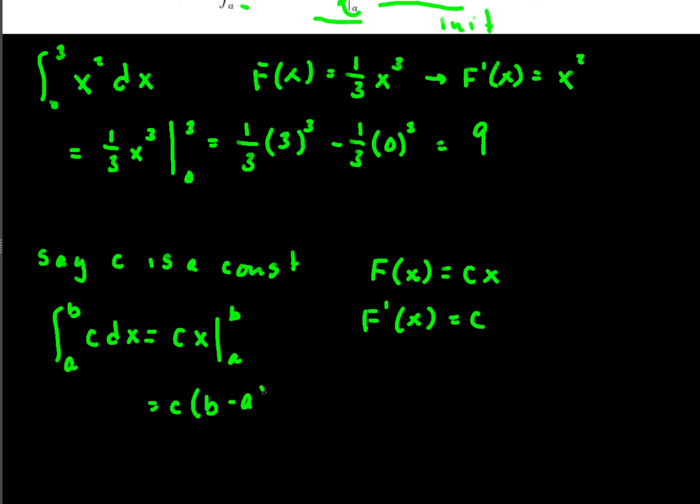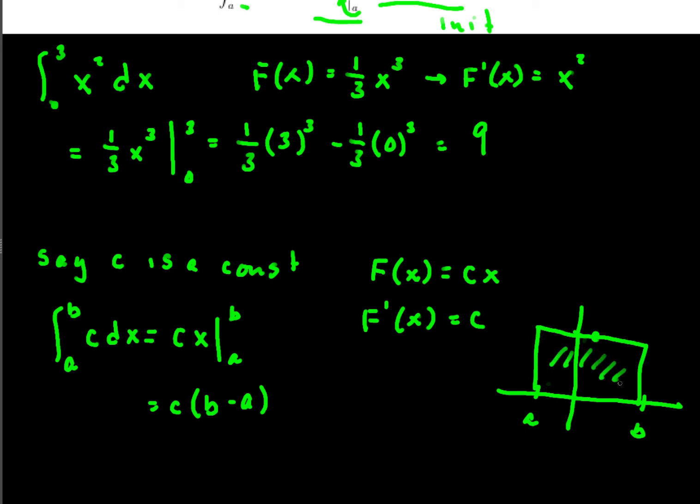Now, this we could have figured out even without the fundamental theorem, since if c is a constant, and if I graphed what this function looks like, so here's a, here's b, and c's up here, then the area under this constant function is just a rectangle.